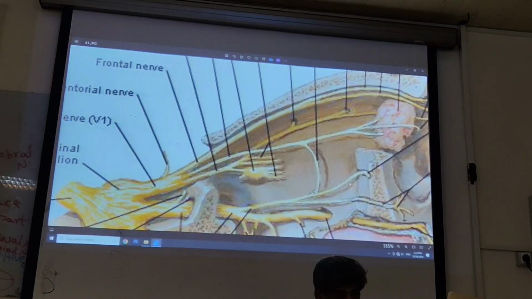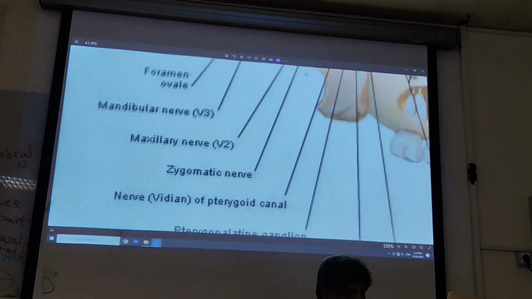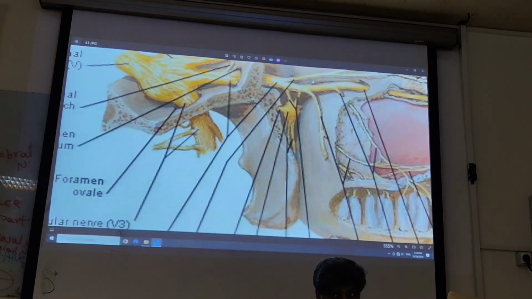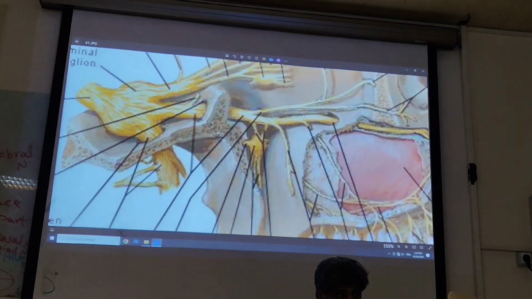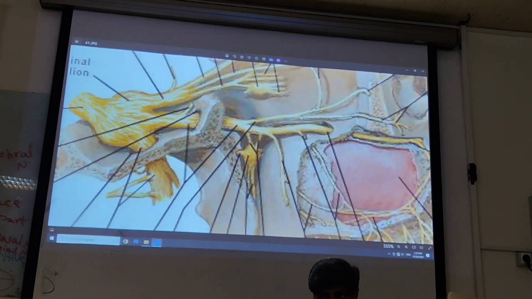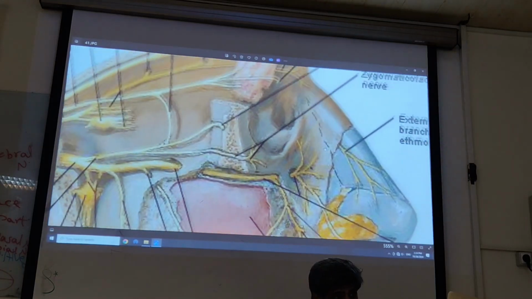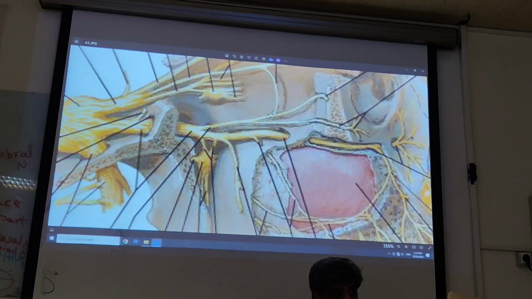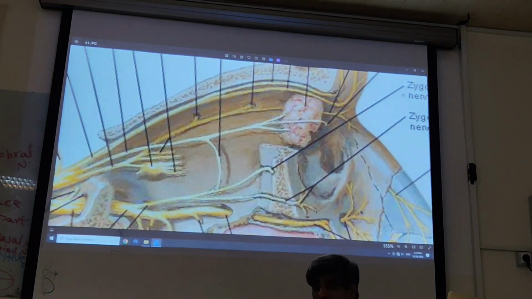The parasympathetic fibers pass by zygomaticotemporal.